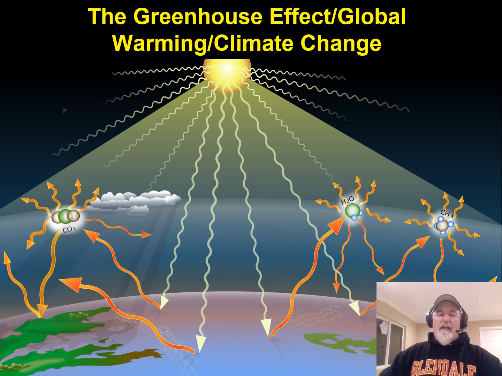The surface of the Earth heats up. Because the sun is so much hotter, its peak energy is in the short wavelength portion of the spectrum, but the Earth can only heat up to an average of about 60 degrees Fahrenheit, and then it's going to re-radiate back into space these long infrared wavelengths, otherwise known as infrared energy or thermal infrared or heat energy, long wavelengths back into space.